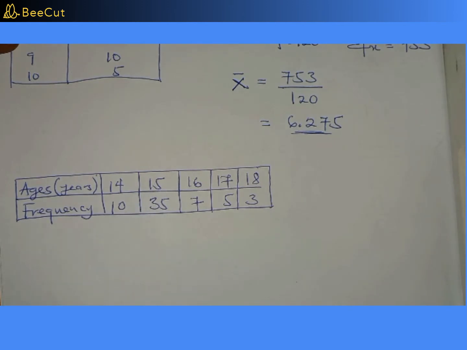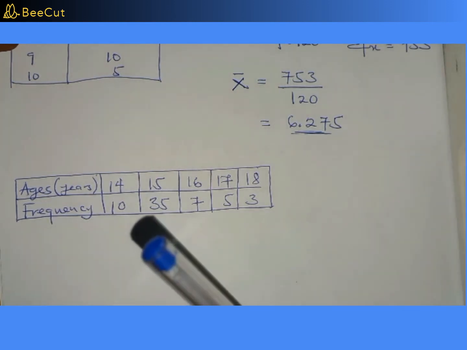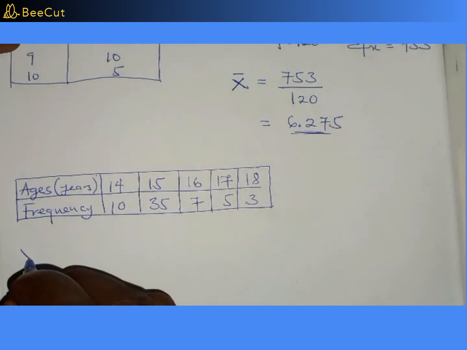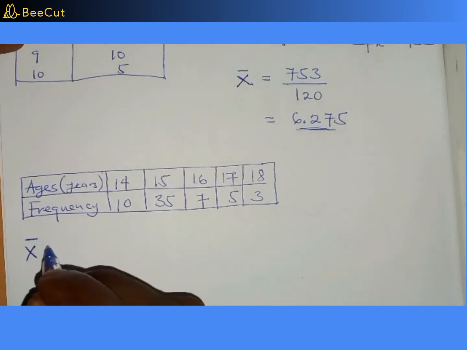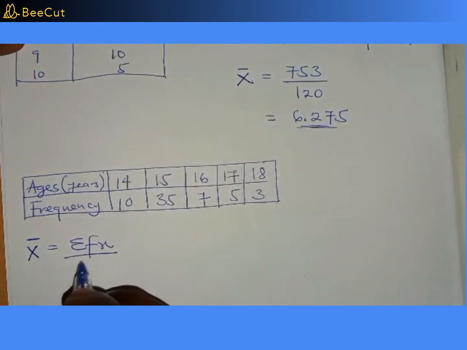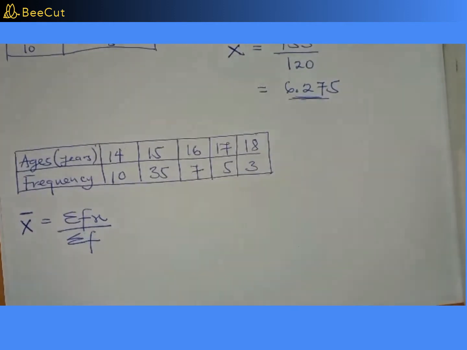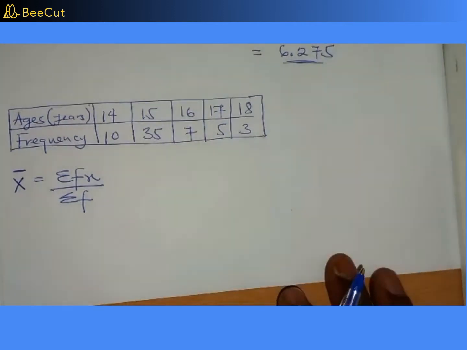It's from those questions that you are going to get your formula and how to draw your table. So if the question is talking about you finding the mean, then you know that before you even draw the table, mean is given by sigma fx over sigma f.